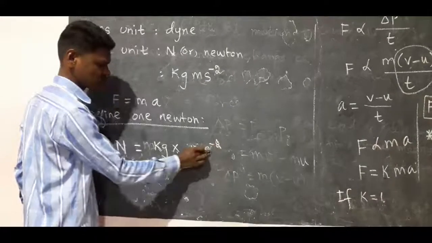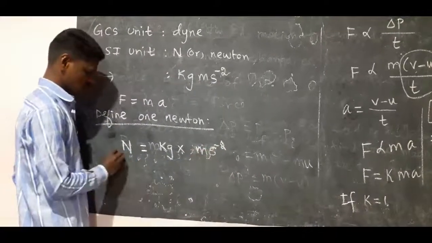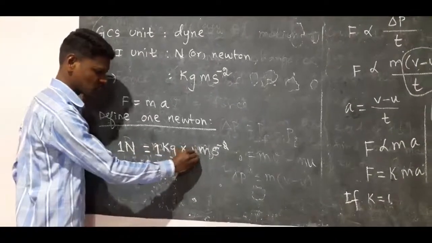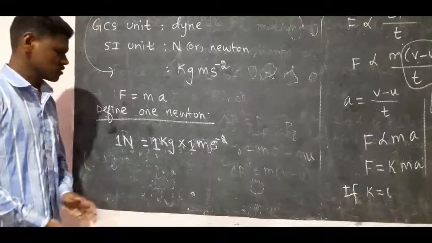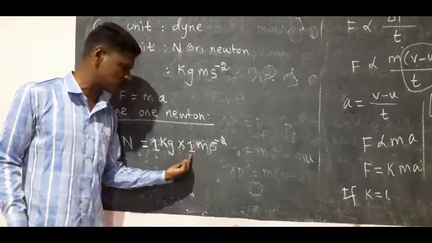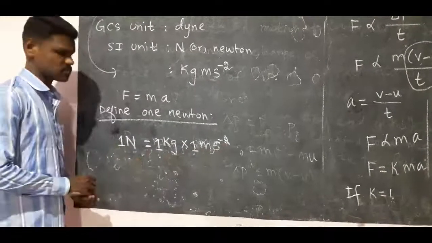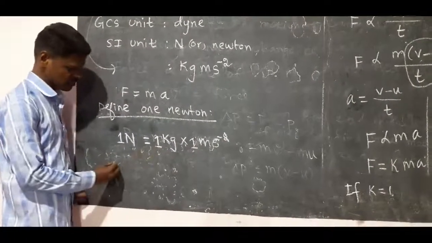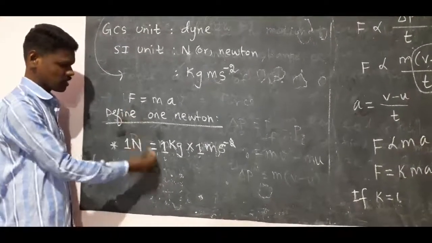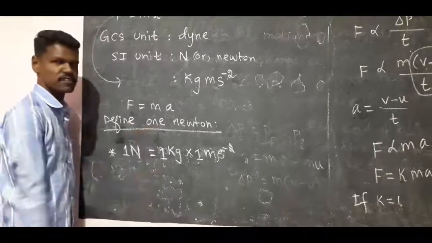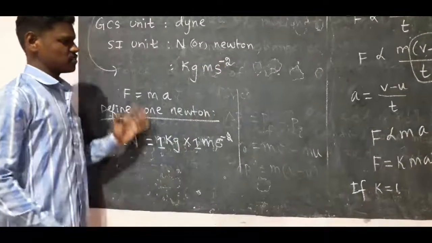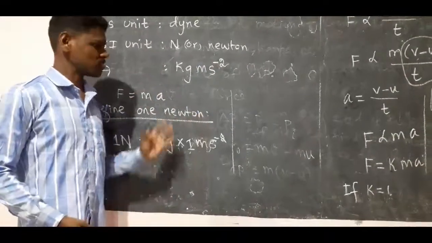So, listen: 1 Newton, 1 kilogram and 1 meter second minus 2. A 1 kilogram mass of object to produce acceleration 1 meter second minus 2 is called 1 Newton. Okay, that's all. Based on this formula you have to write the definition of 1 Newton. And we have to revise that whole concept.